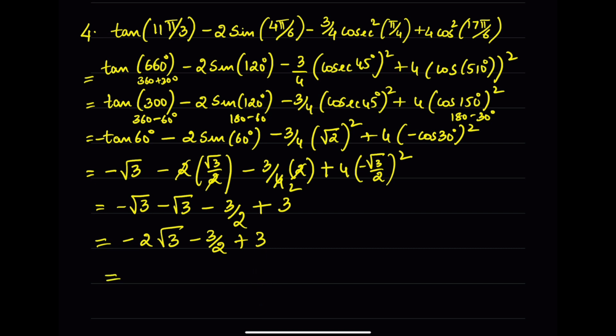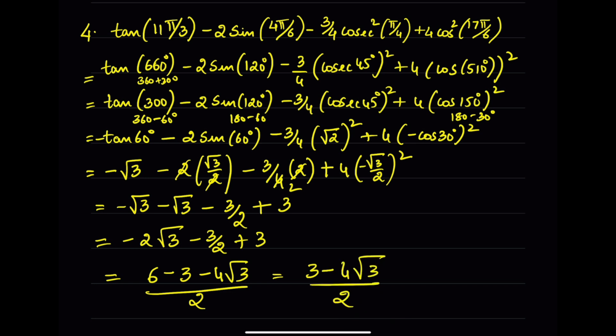So when we solve for common denominator, this would change to 6 minus 3 minus 4 square root of 3 by 2. So this would be 3 minus 4 square root of 3 by 2. So that is the value of question number 4.